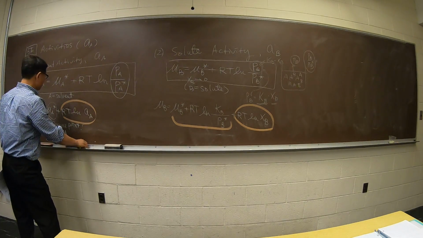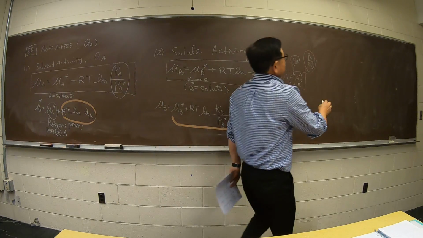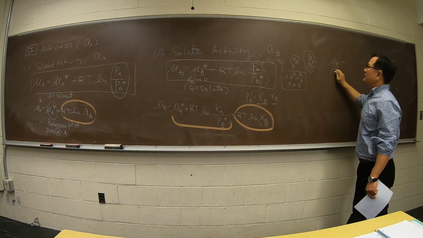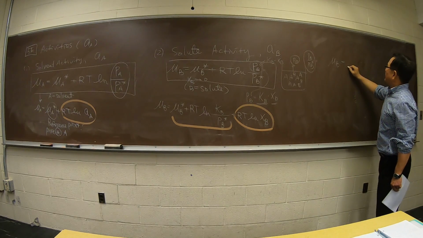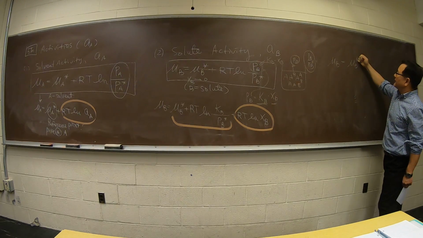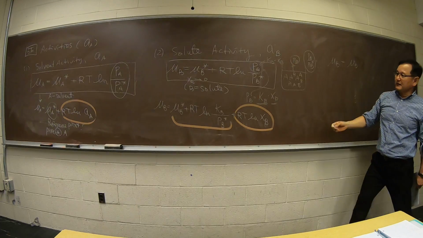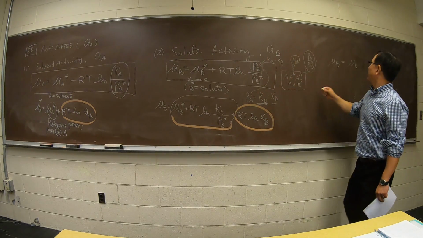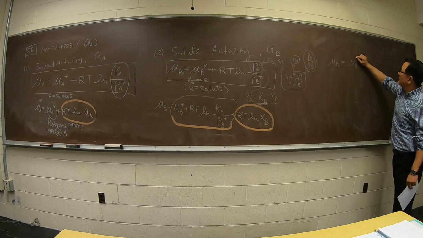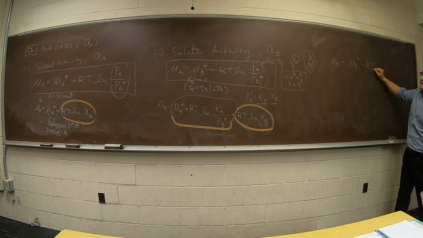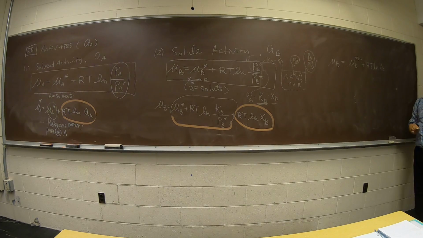So this equation for mu B, the chemical potential of a solute, cannot be represented by the chemical potential of the pure state. I can do that. I'm just going to say the one that shows up here is mu B with the standard state, plus RT ln XB. Okay.